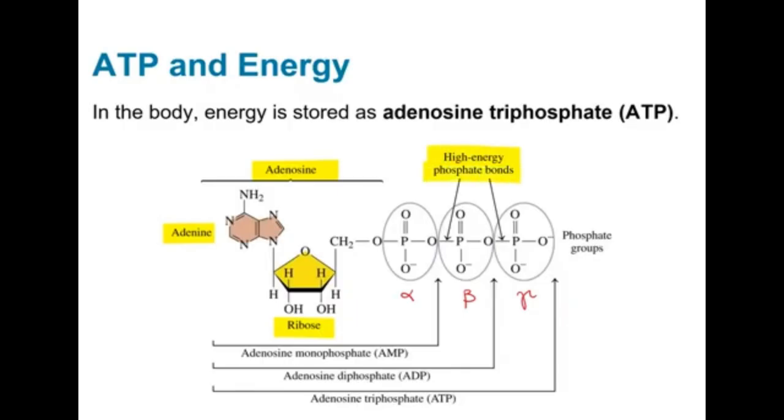The bonds between gamma and beta and alpha, those bonds, when broken, release a lot of energy. This is why we call them high energy bonds. Okay?